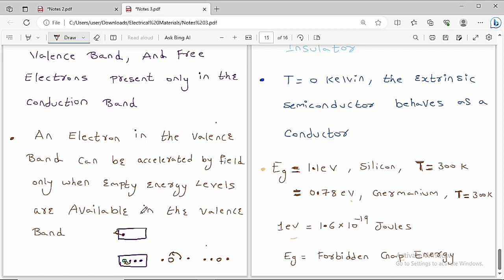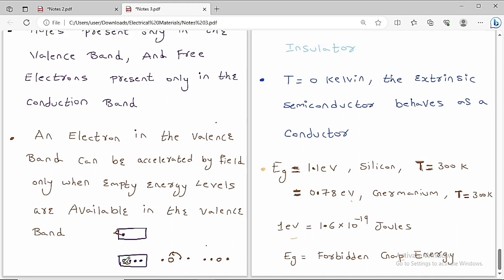Whenever we use thermal energy for the semiconductor, electrons will of course go from valence band to conduction band. Here I am showing one electron going from valence band to conduction band. So definitely one hole is going to appear in the valence band.